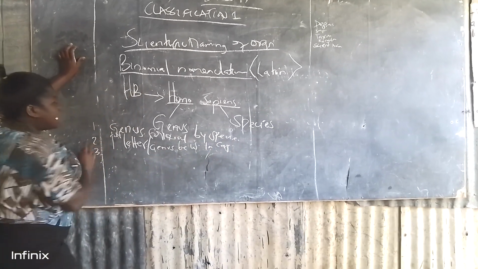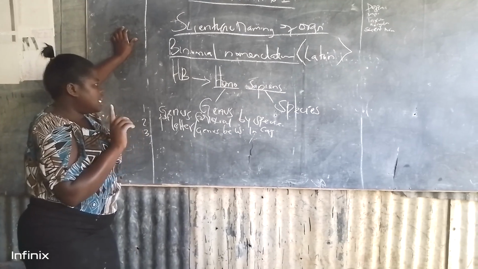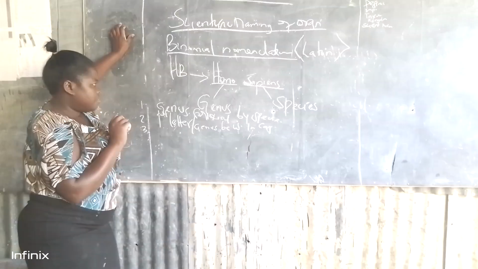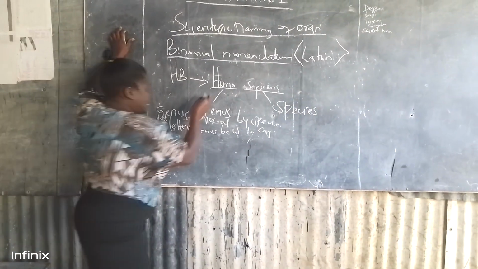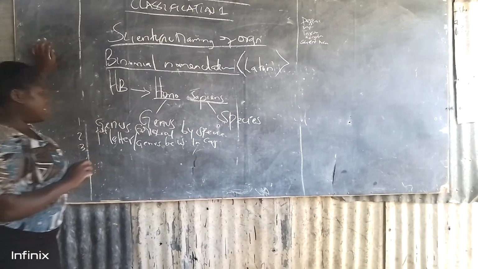The third point here is that when handwritten, it should be underlined separately. That is, Homo should be underlined separately the way I did. Then sapiens should also be underlined separately.